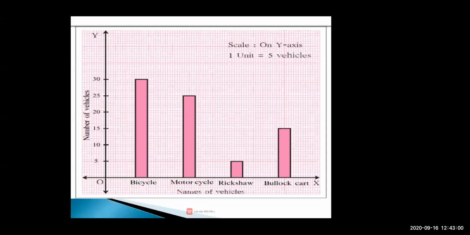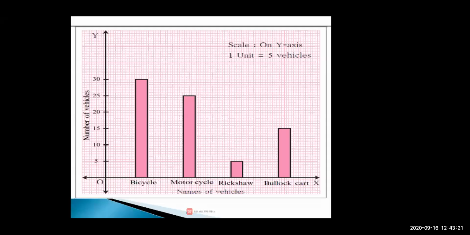You have to write numbers on the lines of the y-axis, that is 0, 5, 10. See how you will write? You have written the scale of 5 vehicles. That means you are going to start with the table of 5, 10, 15, 20, 25, 30 till the highest number. And after that, bicycle was 30.